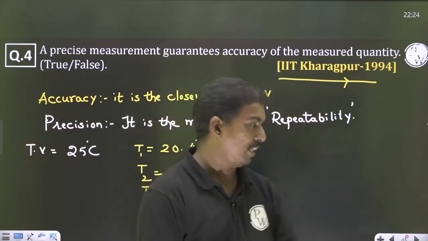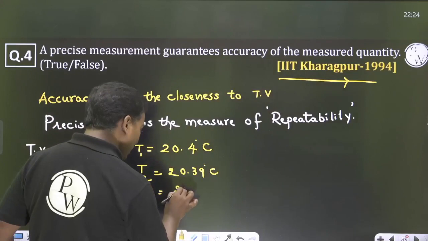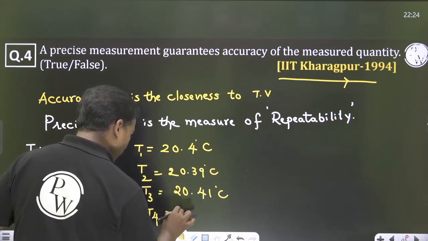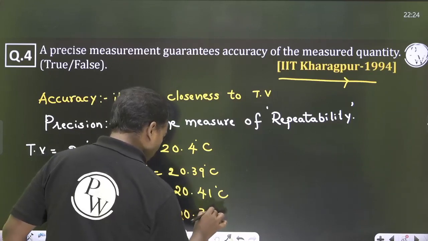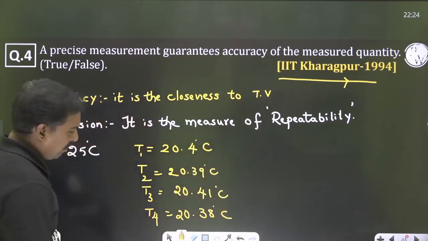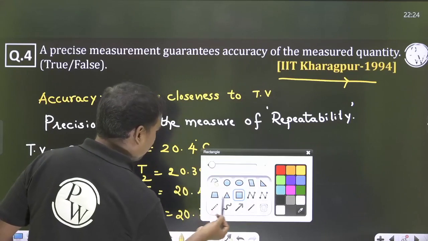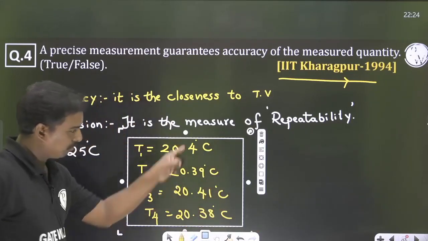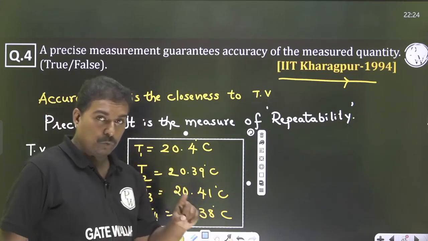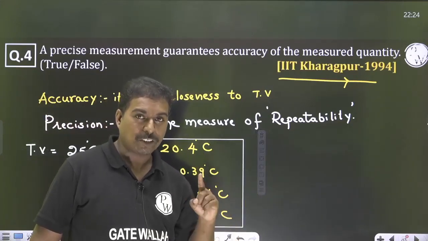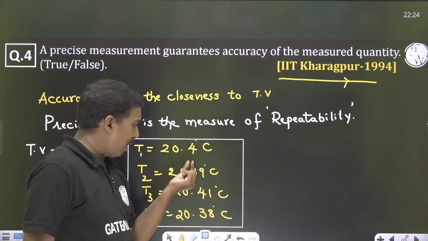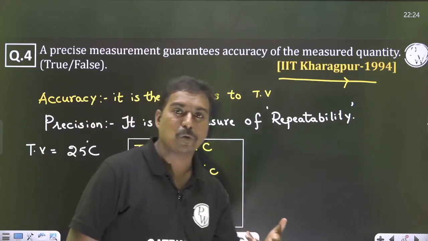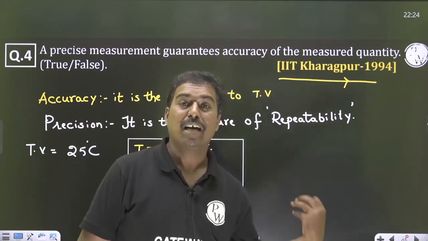So they're not accurate. But if you see the readings, they are very, very close. With respect to the true value, they are not true. But their values, 20.4, 20.39, 20.41, 20.38, are very, very close. So they are precise.